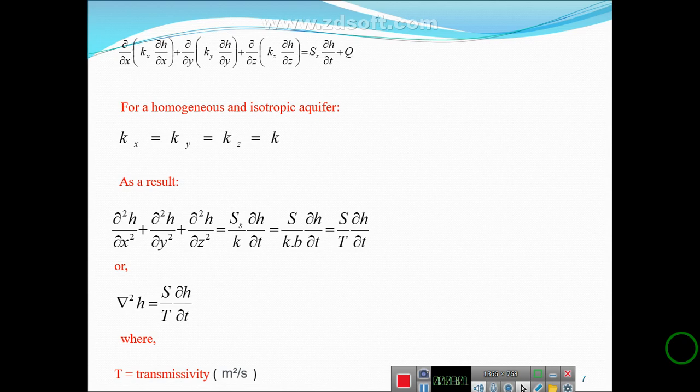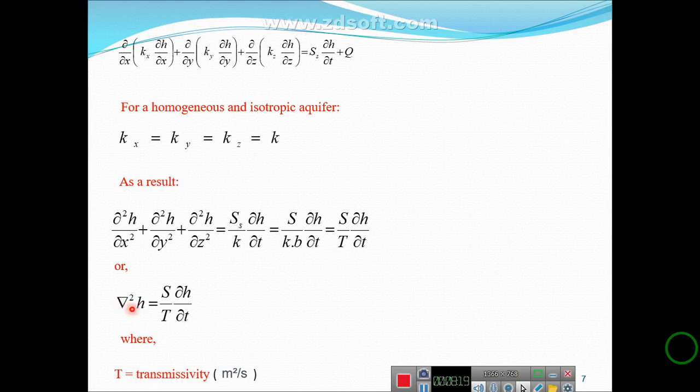Then the left hand side of this equation reduces to this. A Laplacian form of this equation is given here.